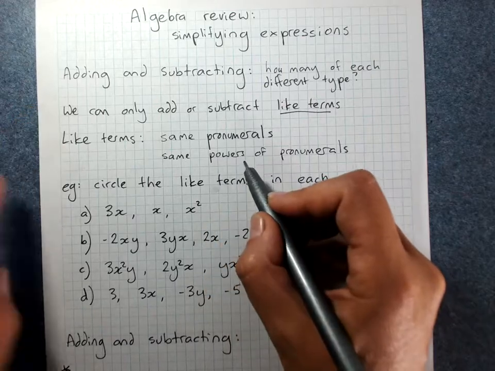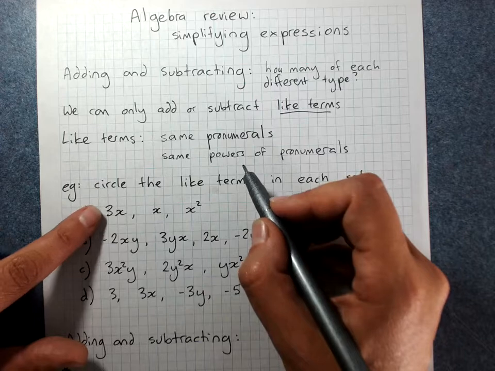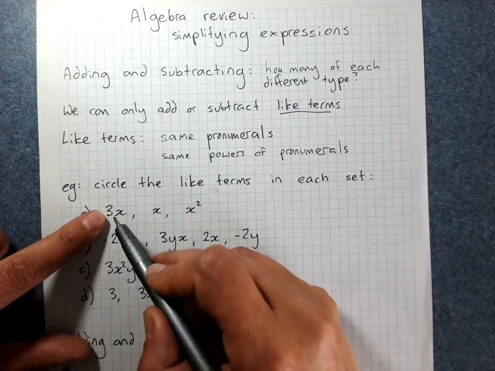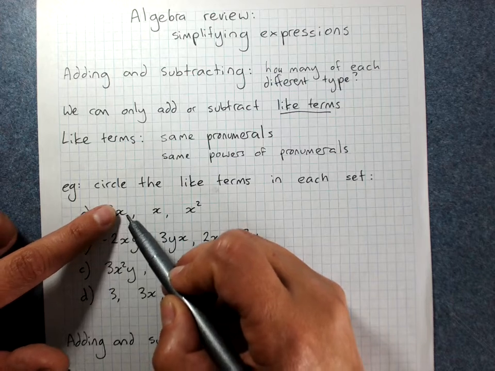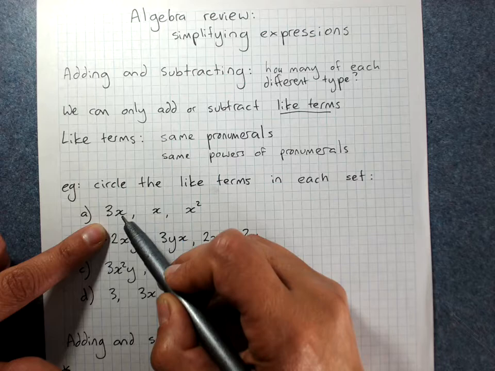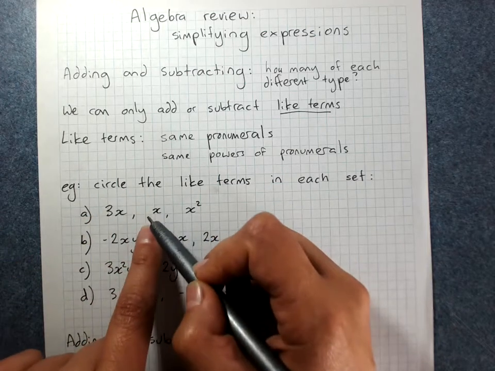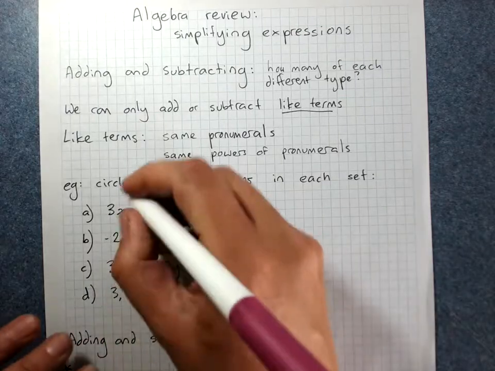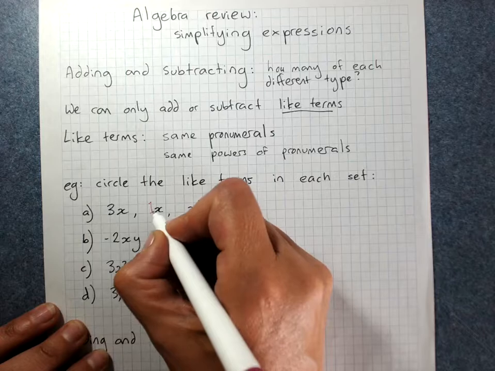Powers, remember, are indices, the little numbers afterwards. Remember, the numbers out the front are coefficients, and they're just saying how many of the letter I've got. 3x means I've got 3 lots of x. If there's no number in front of the x, remember, there's an invisible 1. So x means 1 lot of x.